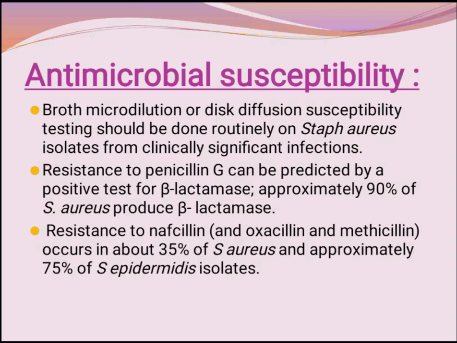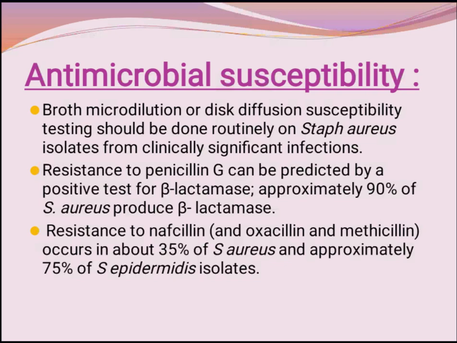This beta-lactamase enzyme causes destruction of the penicillin, so the antibiotic is no longer effective. After that came new generations of penicillins, penicillinase resistant penicillins, which can resist the action of the beta-lactamase enzyme. These drugs were used for the treatment of resistant infections.